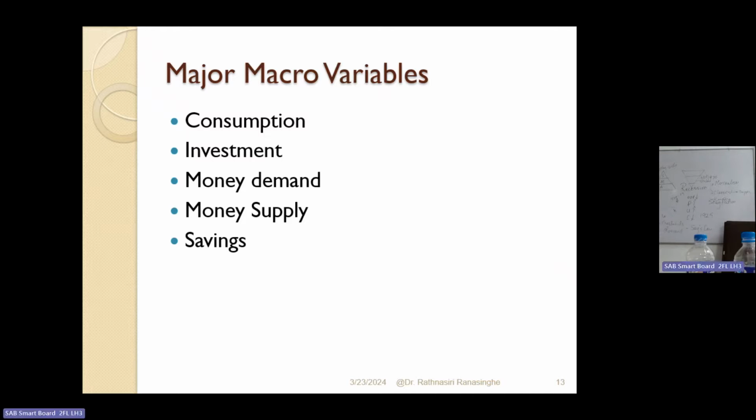Even though we identify the economy as a set of macro variables, one part represents the real sector, and the other part represents the financial or monetary sector. Real sector and monetary sector.